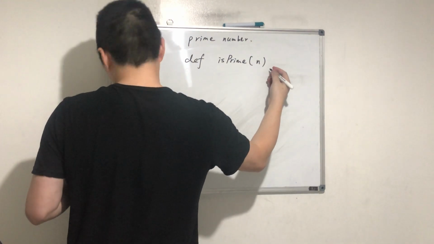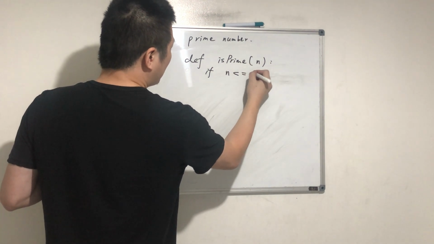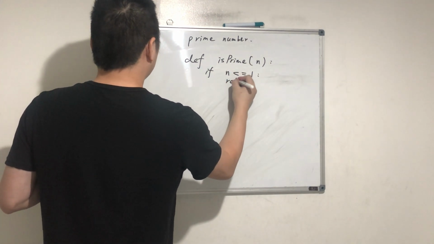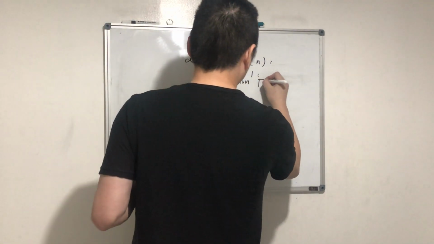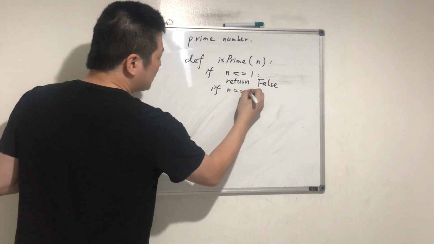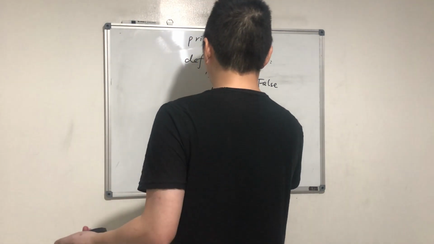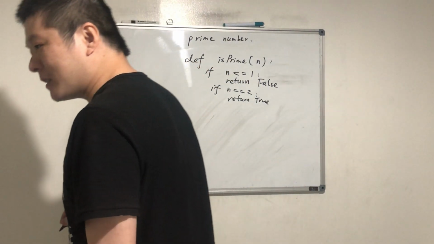And what's missing? If n is smaller than or equal to 1, we know it's what? Return false. If n is 2, return what? 2 is a special case there. True. 2 is a special prime number, you just said, remember?